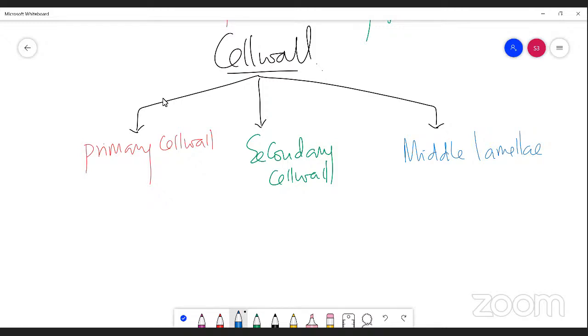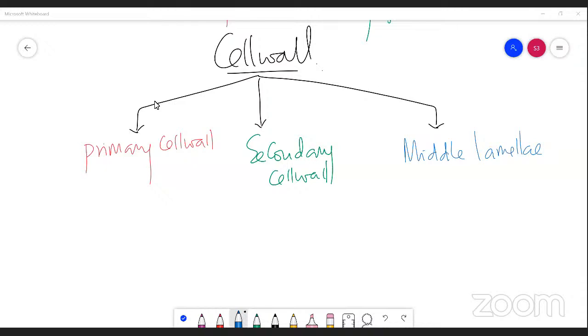Dear students, what are the three layers of the cell wall? Primary cell wall, secondary cell wall, middle lamella. Totally, how many layers are there? Three. Three layers. Now, do you understand the layers of the cell wall? Very good.